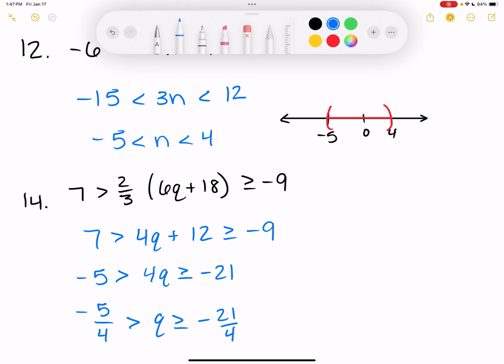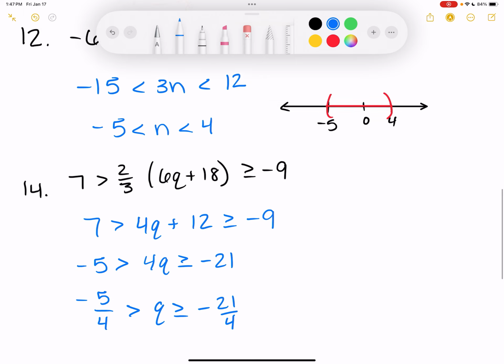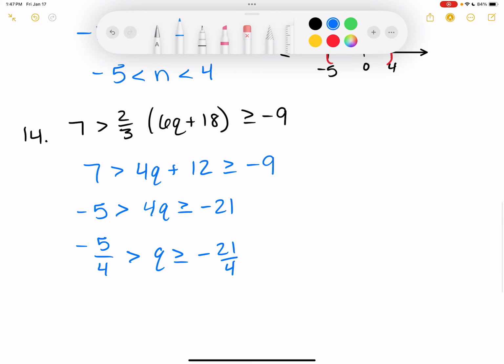Wait, don't I have to switch them? What do you mean? I have to switch them because it's not in numerical order. Are you saying to flip the inequalities or to flip the whole problem? Not the whole problem, because it's not in numerical order. Yes, exactly. It is not in numerical order, so I do need to flip it.